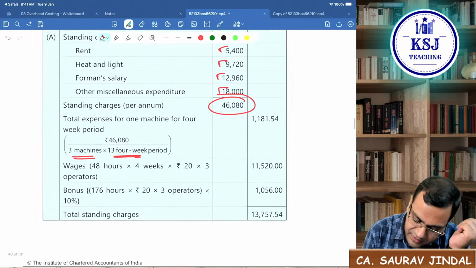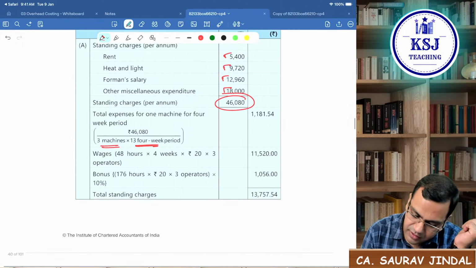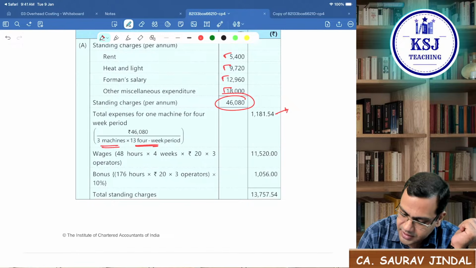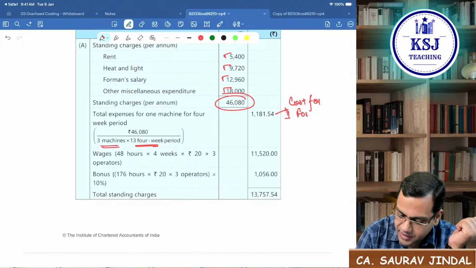So this 1181.54 represents what? This represents the cost for 1 4-week period, and for 1 machine.